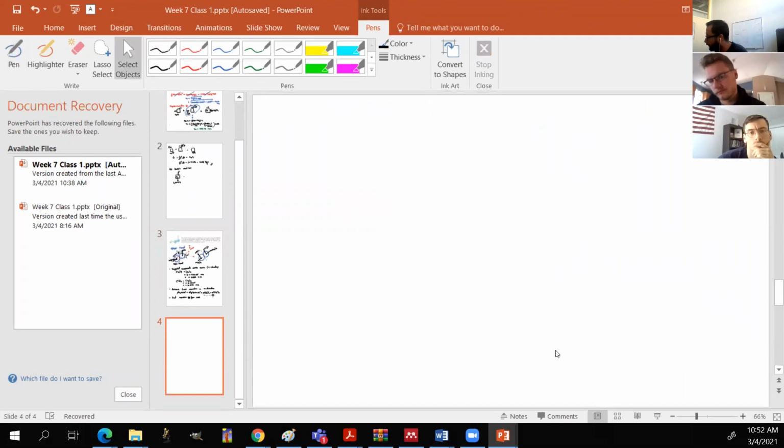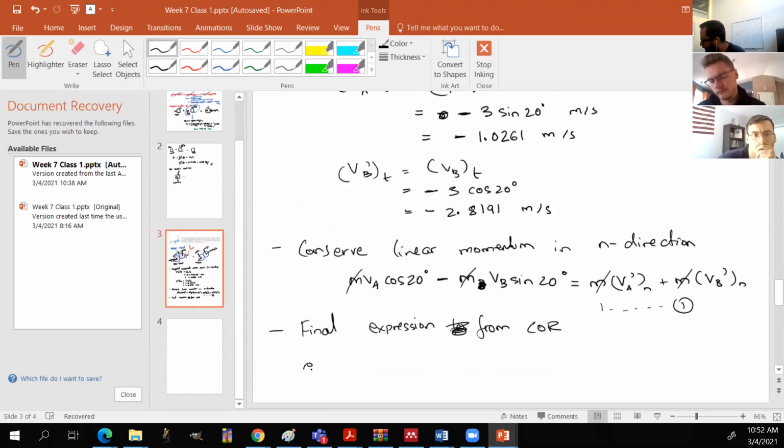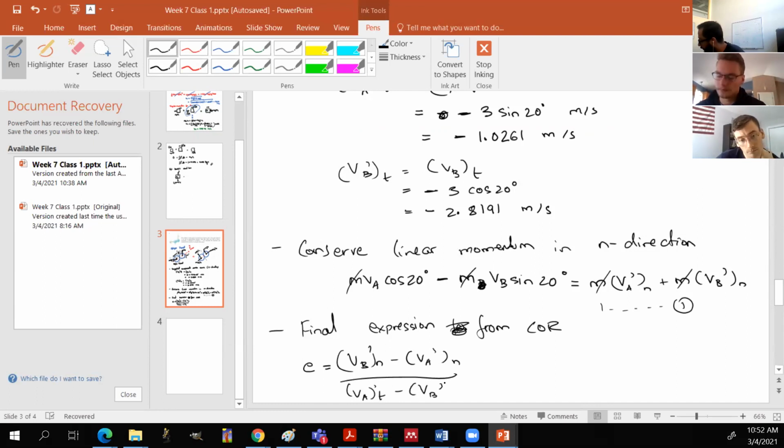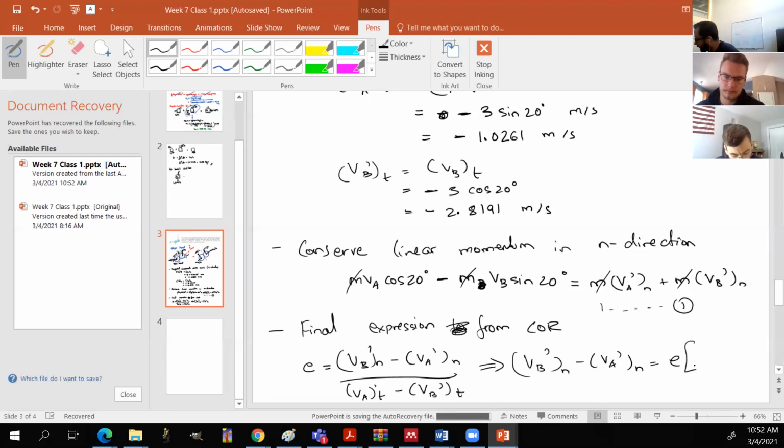We know that the coefficient of restitution is equal to VB prime in the normal direction minus VA prime in the normal direction, divided by VA in the normal direction minus VB in the normal direction, like that. So what that gives us is that VB prime n minus VA prime n is equal to E times, oh, this is not tangential, this is normal.